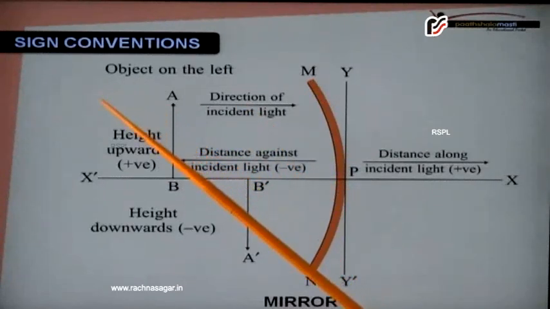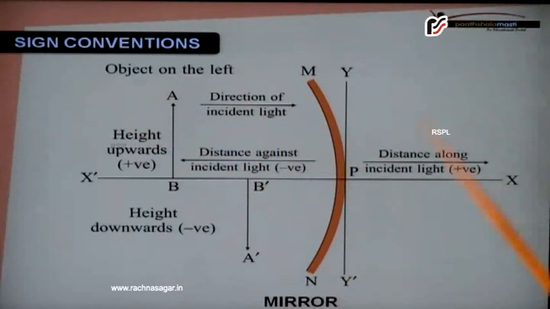Light is coming from left to right. The distance PB, which is on the left side of the pole, or the distance against the incident light, is considered to be negative.